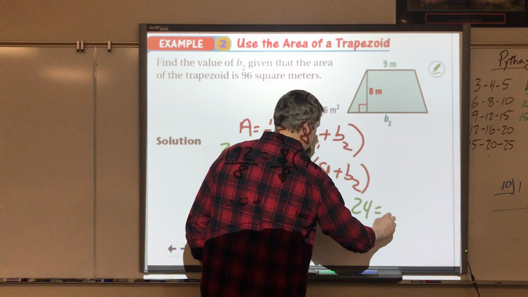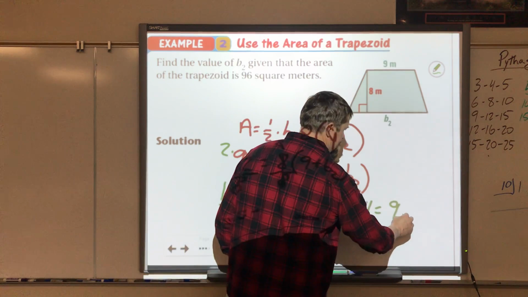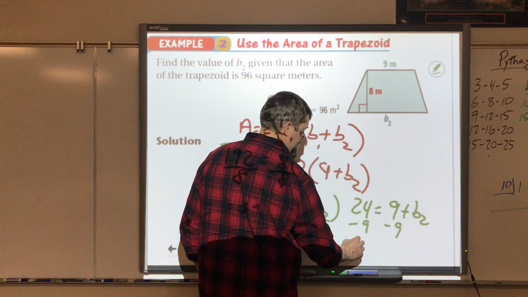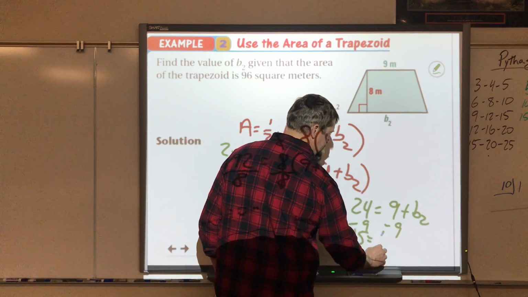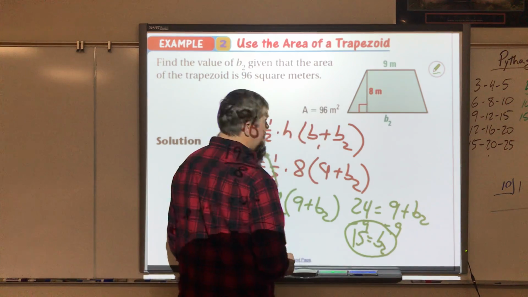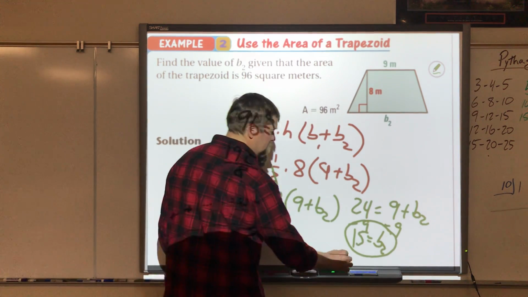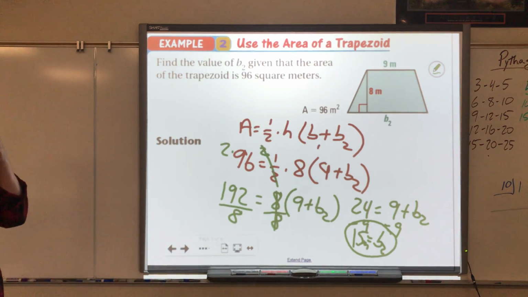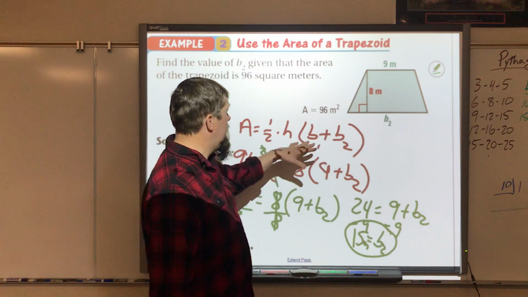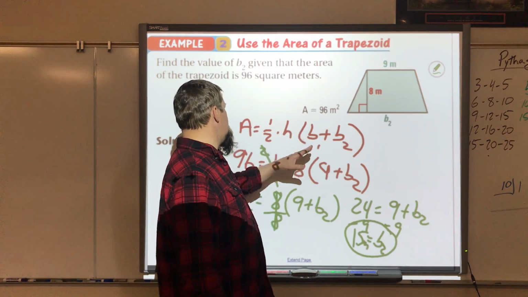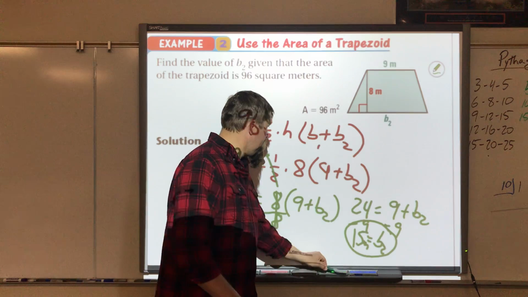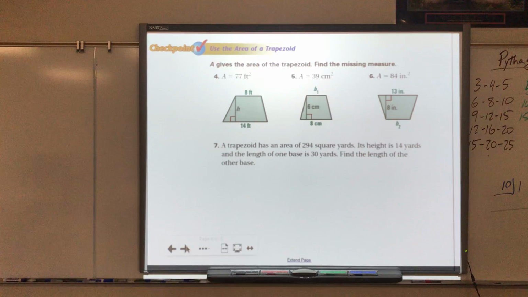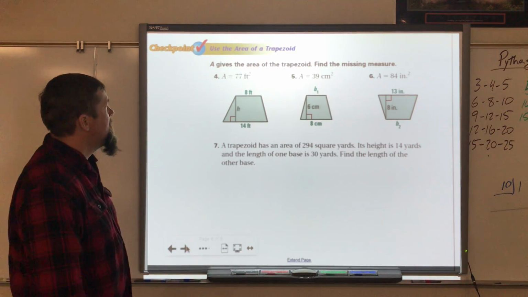So 24 equals 9 plus B2, minus 9 minus 9. I end up with 15 equals B2. 15 what? And that would be meters. 15 meters, which makes sense. And you can always double check your answer by plugging in 9, 15, 8, and see if that equals 96 when you're done. Okay, try that. We will go over those in just a second.